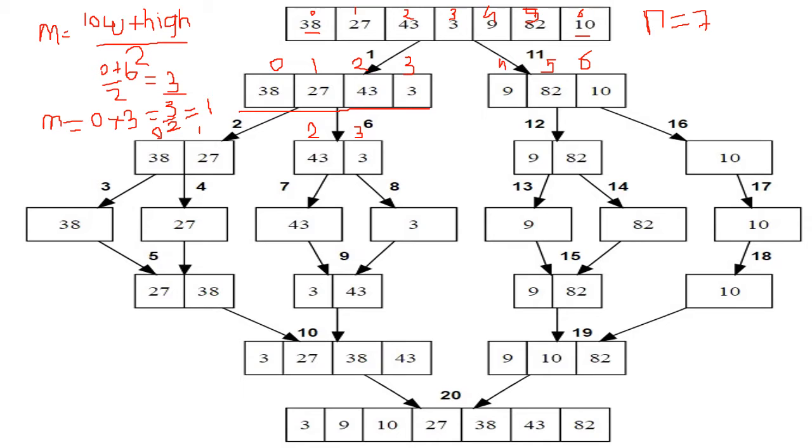After that, the third iteration is to apply the same logic on this list. Here check, that is 0 and 1. This 0 is less than 1. If this is the low value and this is our high value, if low is less than high, then and only then can we divide this sublist.